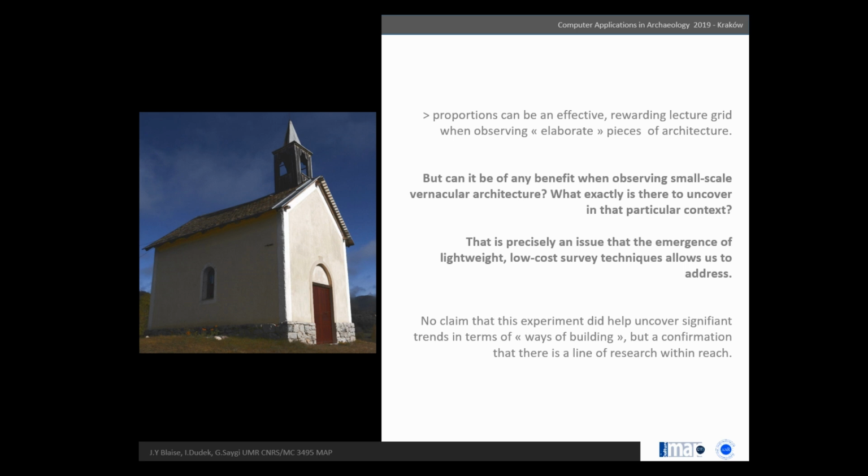So the experiment, we make no claim that the experiment will or did end on uncovering significant trends in terms of way of building. What we wanted to do is just check whether or not this approach of using 3D datasets was worth trying.